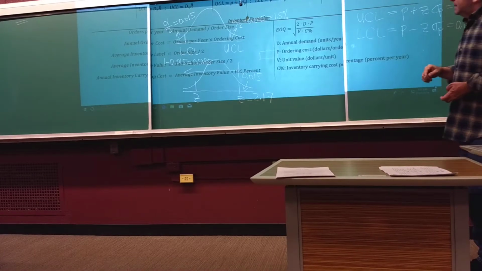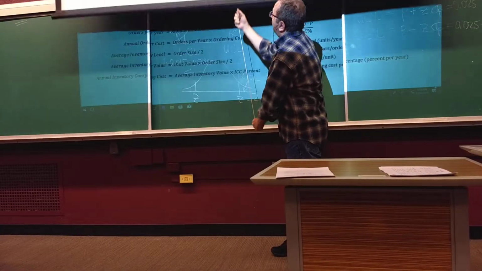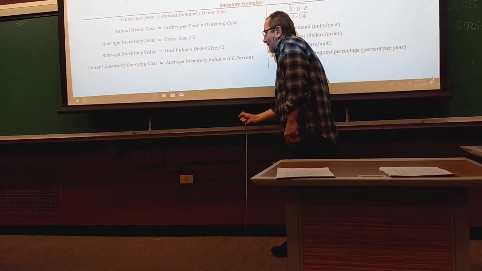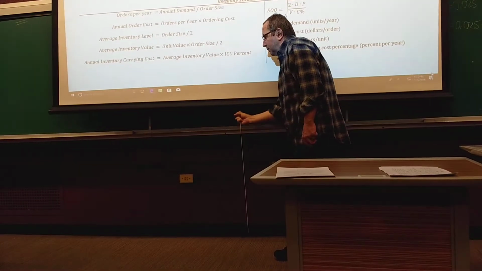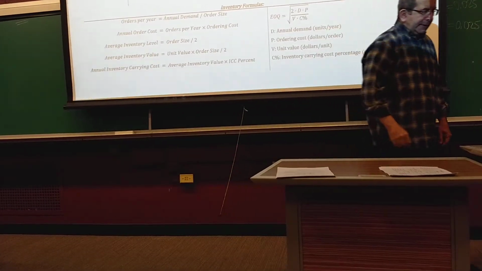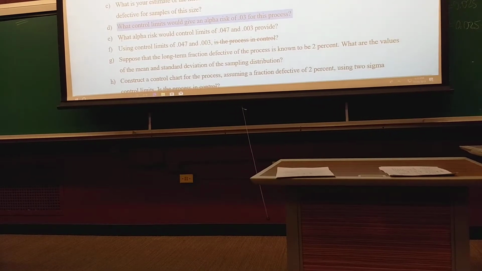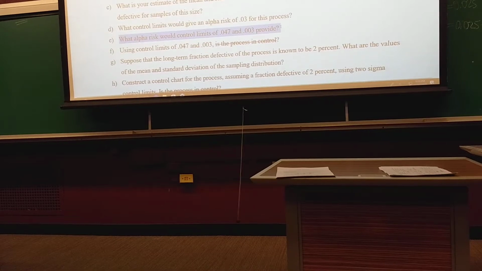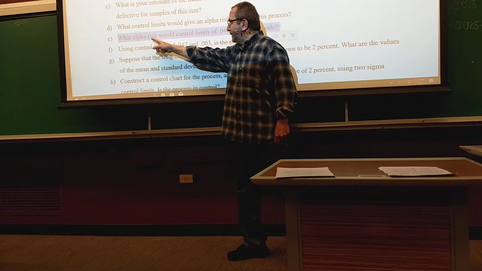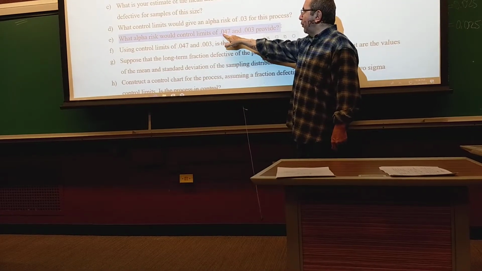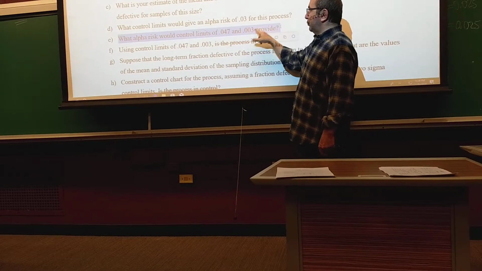Okay. So, let's move to the next question. What alpha risk would control limits of 0.047 and 0.003 provide?